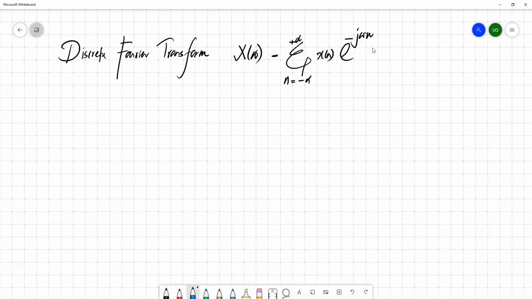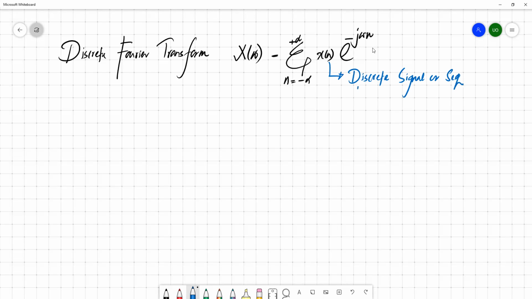So x[n] is actually a discrete signal or discrete sequence.